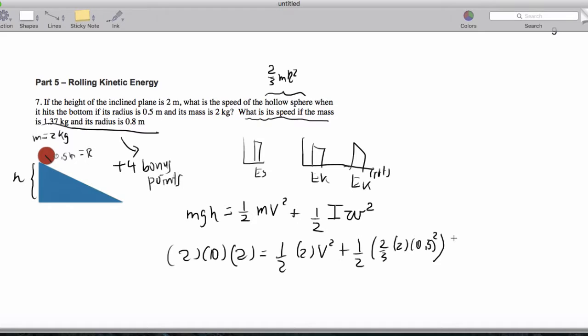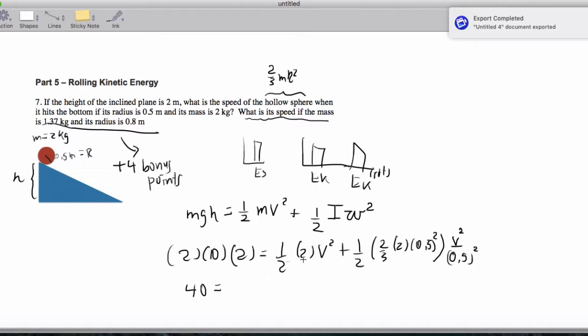And the omega part is going to be, well, it's squared, so it's v squared over r squared, which is 0.5 squared. So I'm going to get 40 here equals 1/2 times 2, v squared, plus 1/2, and I'm just going to do my math here. So 2 times 2 times 0.5 squared divided by 3. Let's smash all those numbers together.